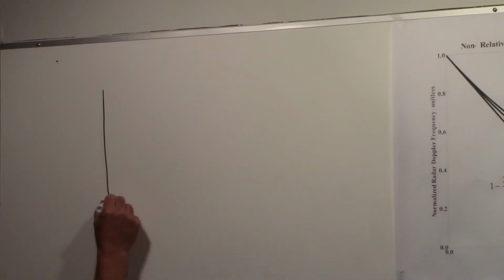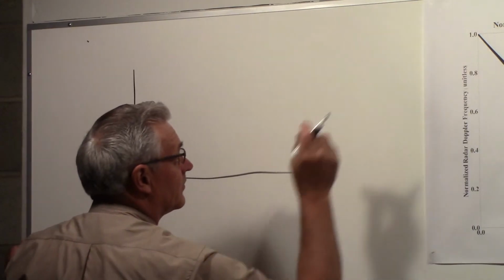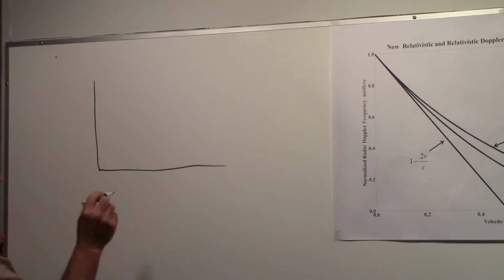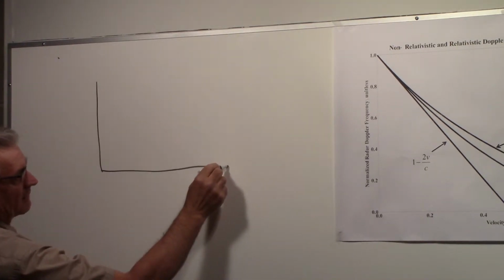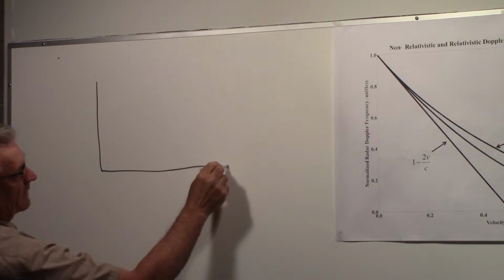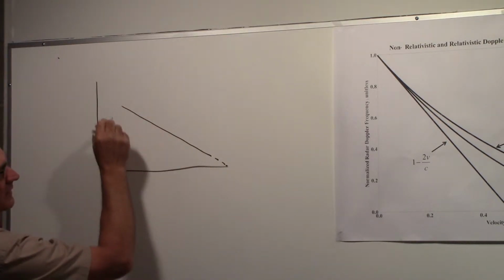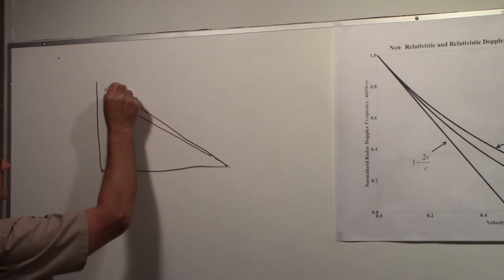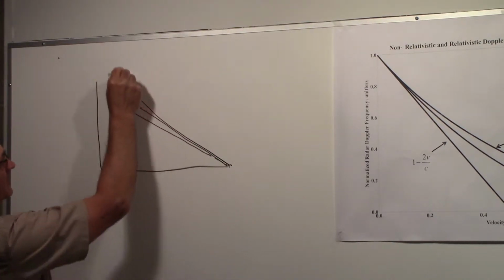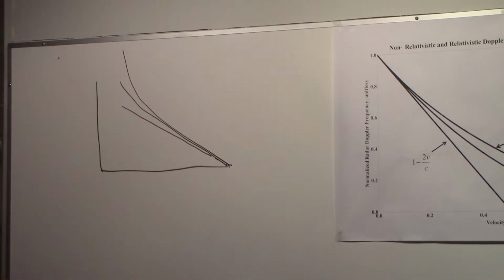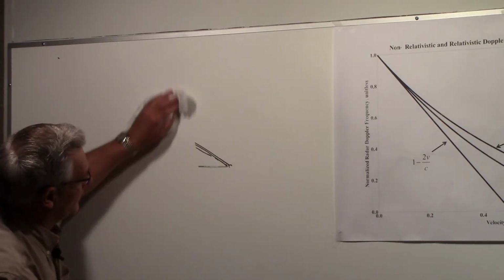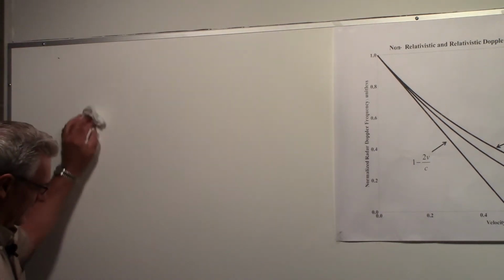In that case, if we start at this point here, we would see the radar engineering one and the non-relativistic one, and then the relativistic one going something like that on the negative side. But since things in the universe move away from one another, I didn't want to include that part here in great detail.